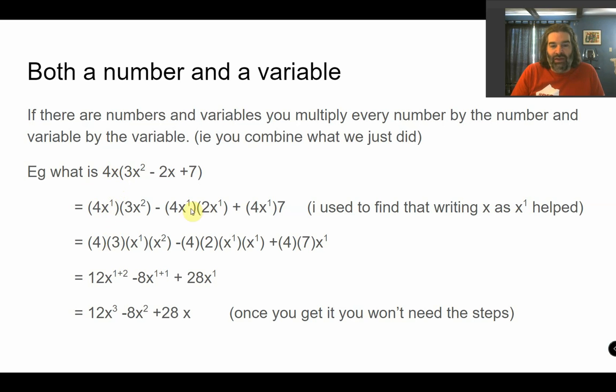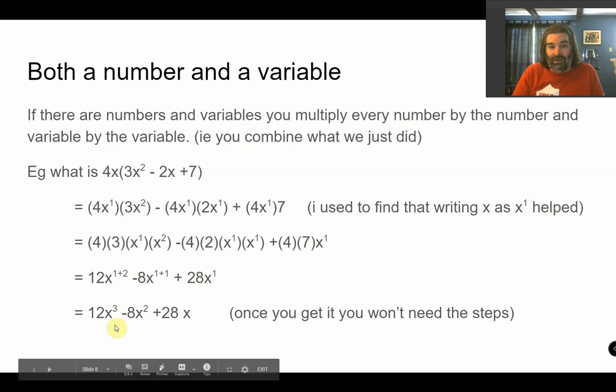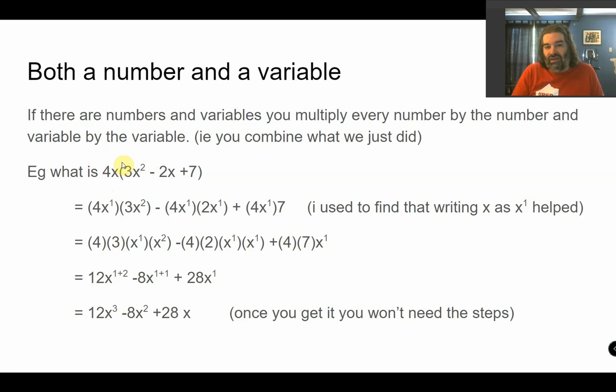So I would always write x as x to the 1, just so that when I multiplied them, it'd be easier to see that I was adding 1 and 2. That's why I'm getting 3. Otherwise, you get confused as to why nothing plus 2 became 3. Well, this isn't nothing. This is actually x to the 1. And to me, that conceptually helped me understand a little better, and it helped me get these right.